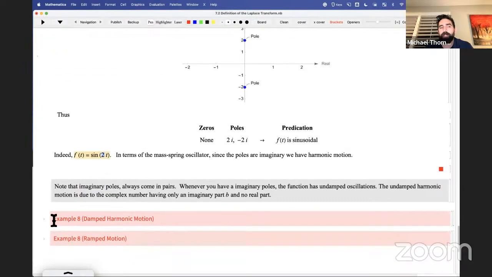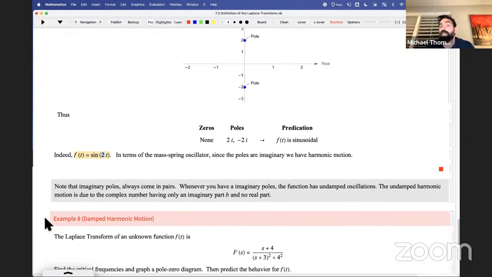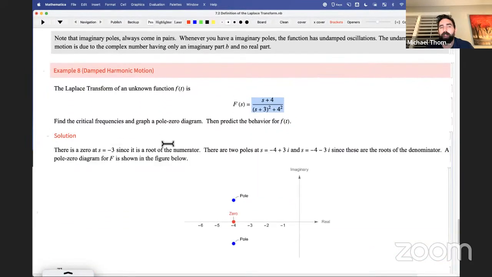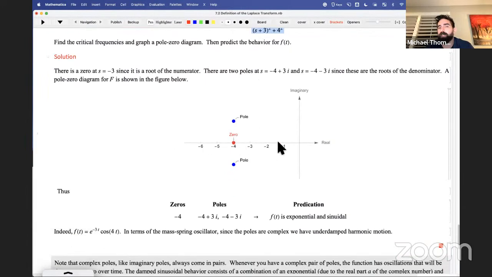And then if you wanted to mix them and do, let's say, exponentially damped or underdamped motion, you'd have something like this. You'd find the zeros at the top and bottom and plot them, and you'll notice that the zeros on the real axis give us our exponential right there.